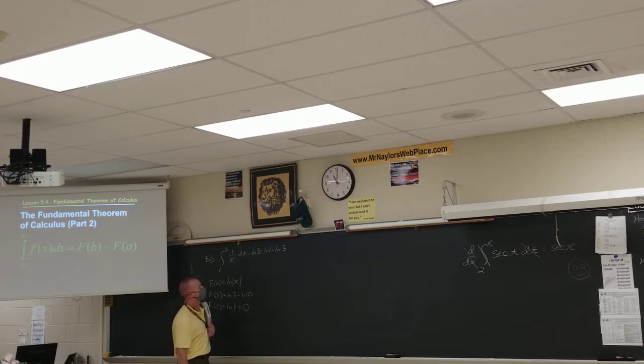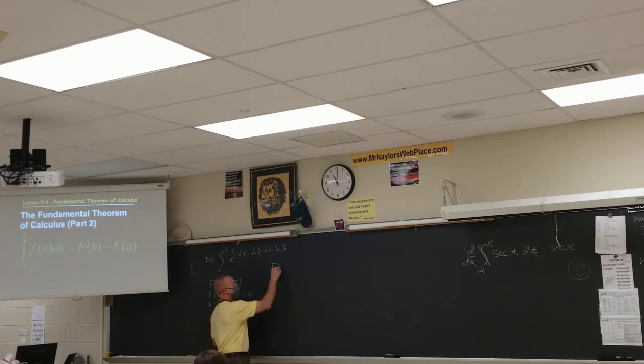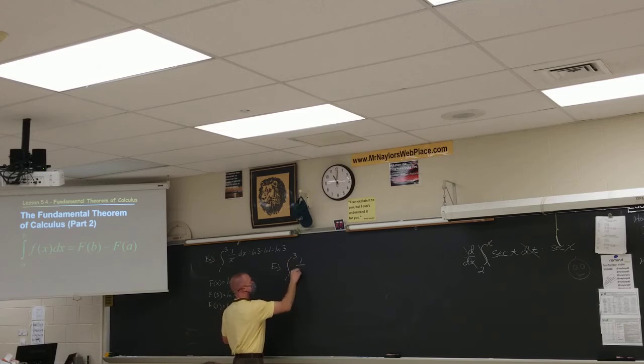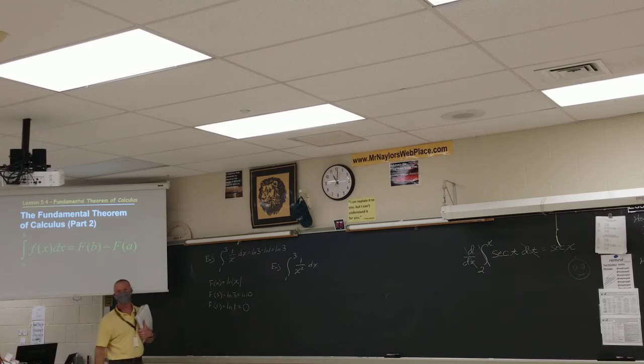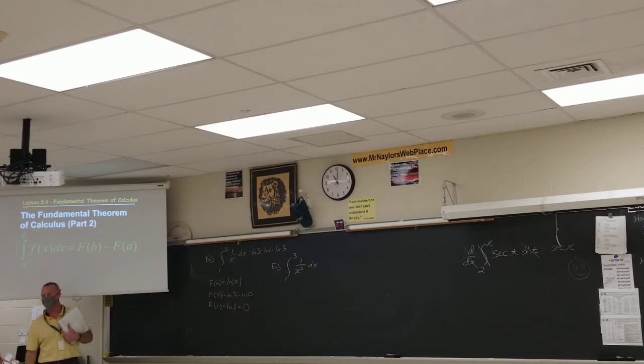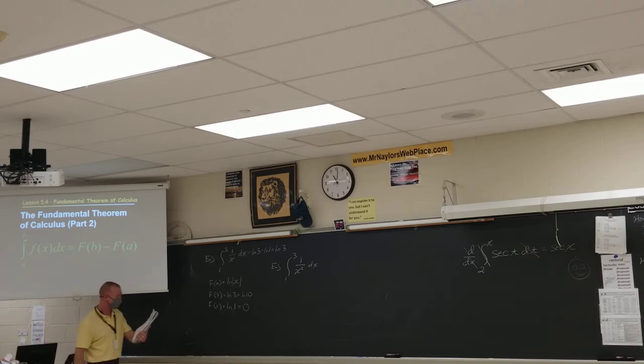Okay. ln. What else do we have here? Perfect. I'm glad that I thought about this because it'll allow us to have a little conversation about how to handle not 1 over x, but 1 over x squared.